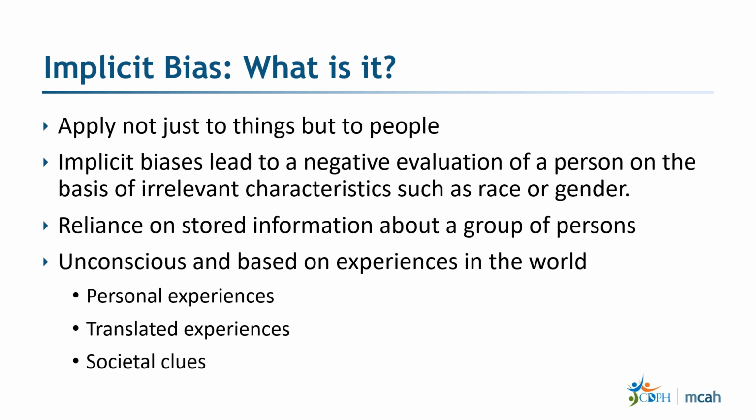Unconscious biases apply to things and events as well as to people. They can lead to a negative evaluation of a person on the basis of irrelevant characteristics such as race or gender. They rely on stored information about a group of persons and reading signals. Our brains tend to look for patterns and associations, to seek out and recognize what distinguishes something from other things.